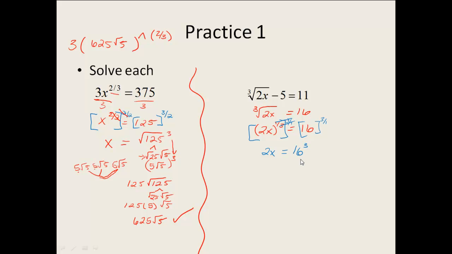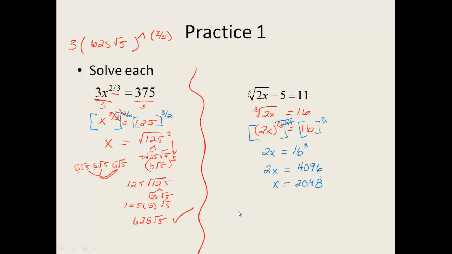Now I'm going to go ahead and multiply out that 16 cubed, since there's no variables in it, and that is 4,096. Okay, I'm not quite done yet. I still have a 2 hanging out over here with my x, so I need to divide both sides by 2, and I get x is equal to 2048. Again, I have got to go back and check this.